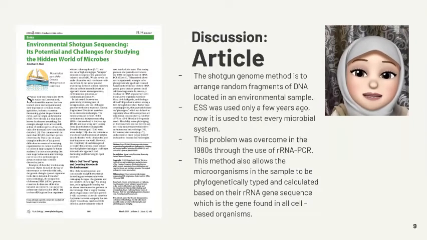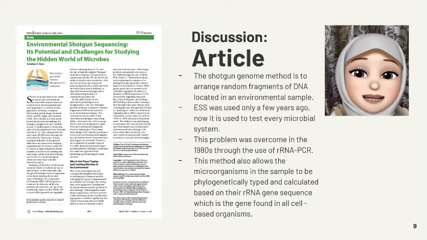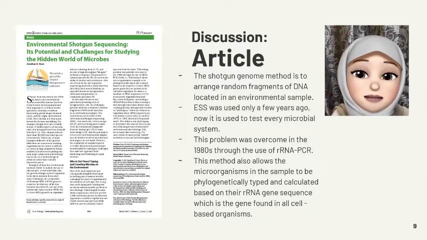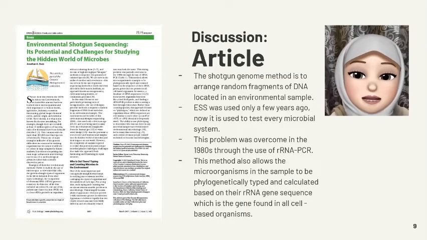Environmental shotgun sequencing was first used just a few years ago and is now used to test every imaginable microbe system, from the human gut to water sludge, and has the potential to reveal the hidden microbial world.